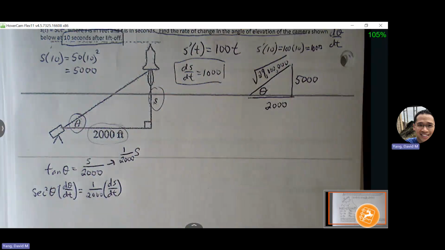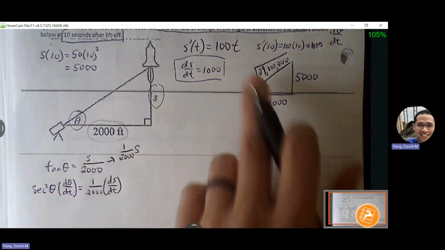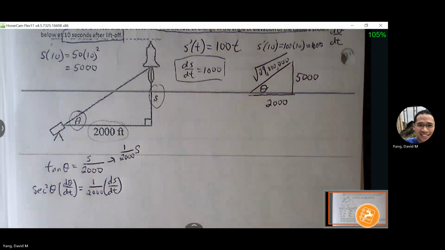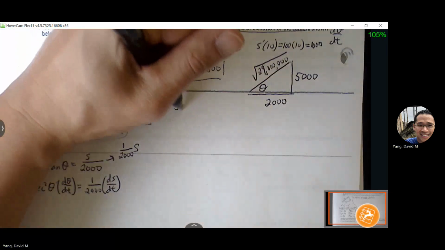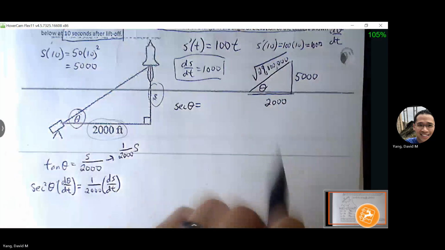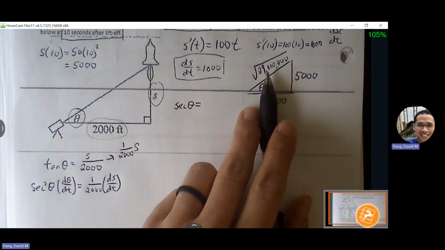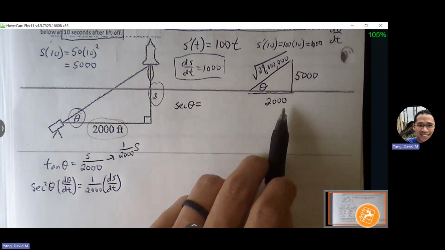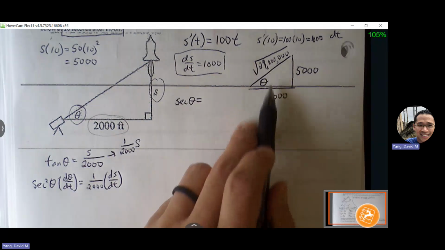Okay, we'll hold on to this messy number because eventually things will clean up a little bit more. But what's secant of theta now that we have all three sides for this moment in time evaluated? Good. Hypotenuse over adjacent. We know secant is the reciprocal of cosine, so hypotenuse over adjacent.